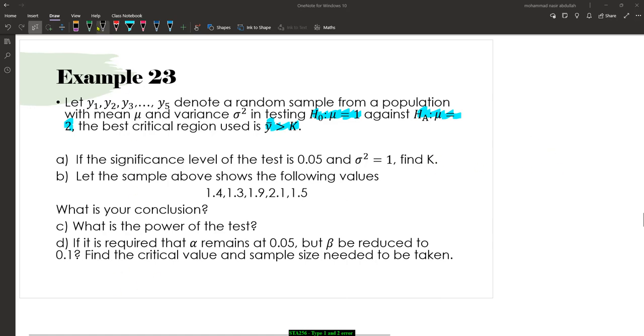So here it says n equal to 5 and the rejection region is y bar more than k.